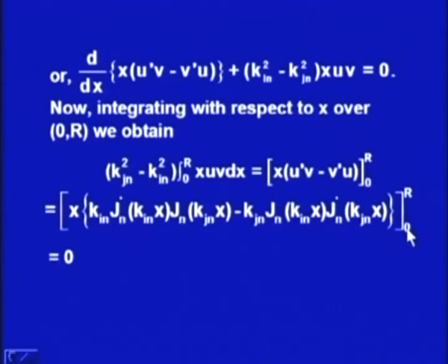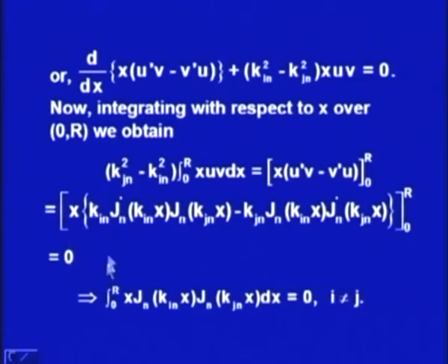So, when you put the limits r and 0 here, because J_n(k_I n r) is equal to 0 and J_n(k_G n r) equal to 0, when we put x equal to r, this becomes 0 and also this becomes 0, and when you put the lower limit x equal to 0, again because of x here, this whole thing becomes 0. So, we have the right hand side equal to 0.